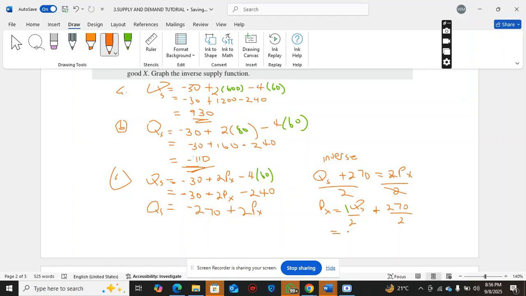So you get 0.5Qs plus 270 divided by 2, that is 135. So this is the inverse supply function.